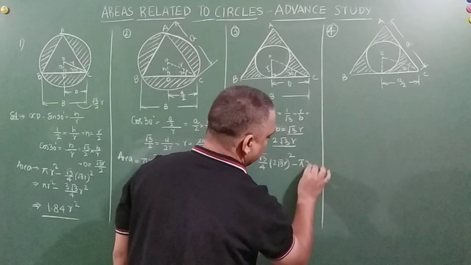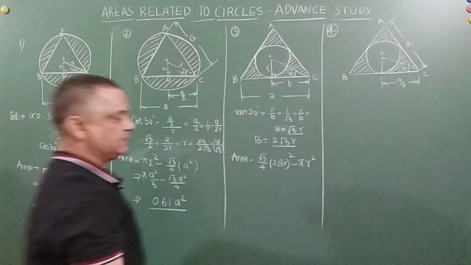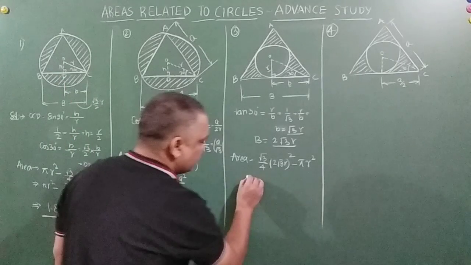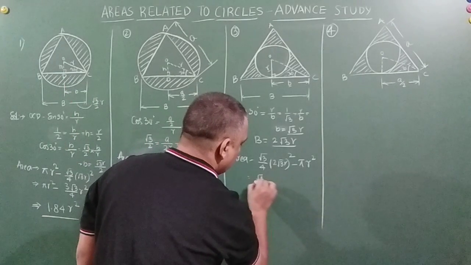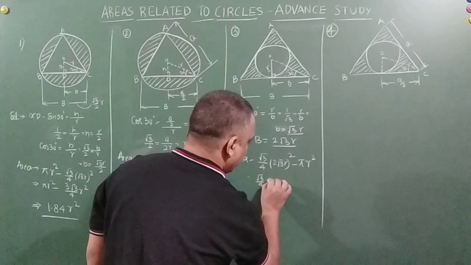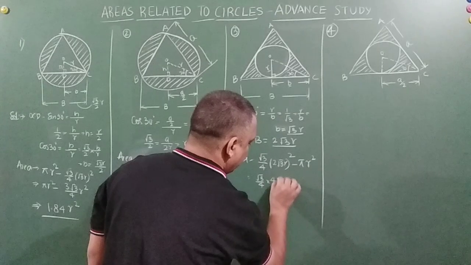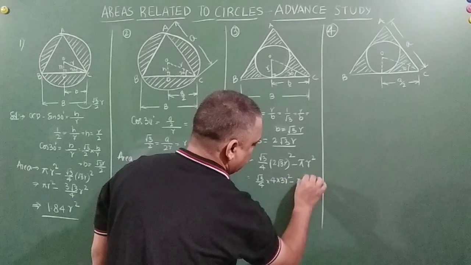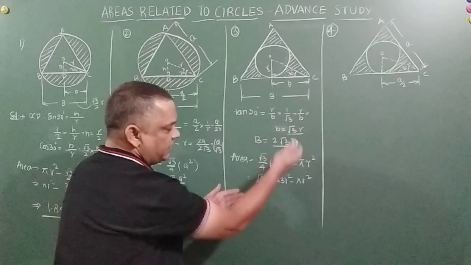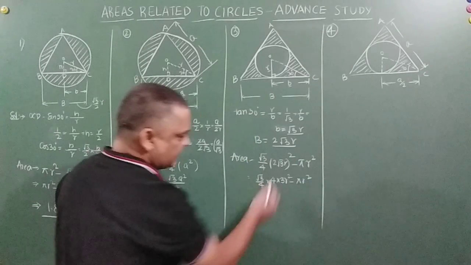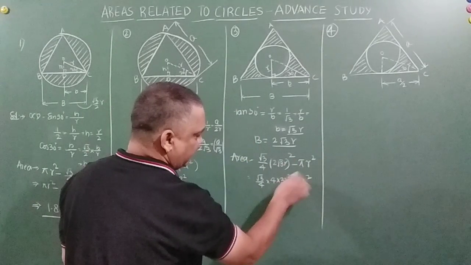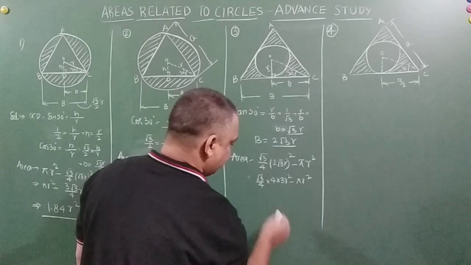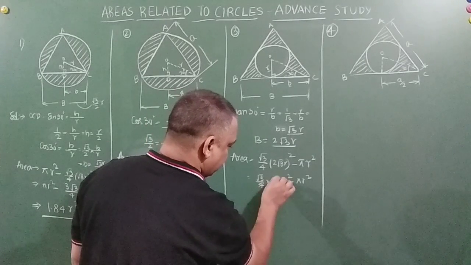So pi into r square, let r be as it is. Right, friends? So this will be equal to root 3 by 4 into 4 into 3 into r square. I hope you got it. 2 root 3 r whole square is nothing but 4 times 3 r square, so we can basically cancel it here.